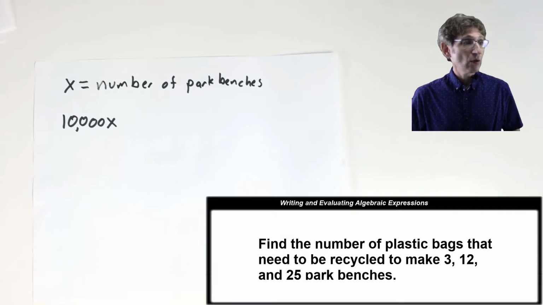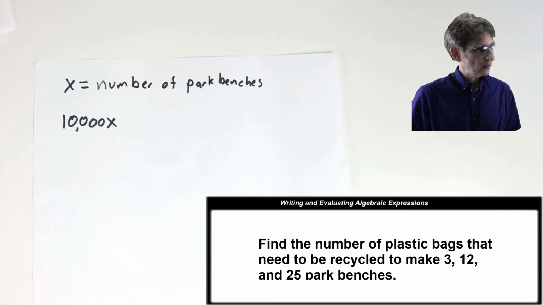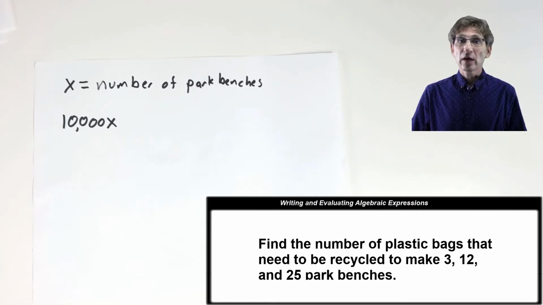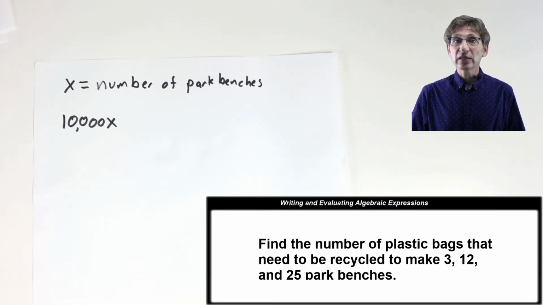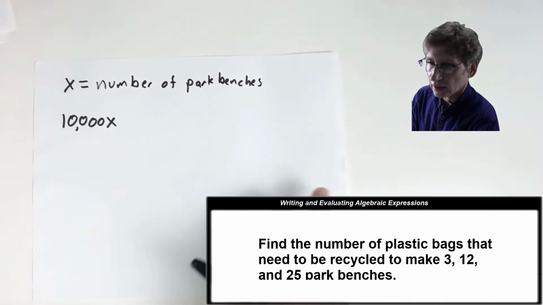So let's see. We're asked, find the number of plastic bags needed to make 3, 12, and 25 park benches. So we want to know how many plastic bags we need to make 3, 12, and 25 park benches. Well, we can create a table to do this. And so let's see.